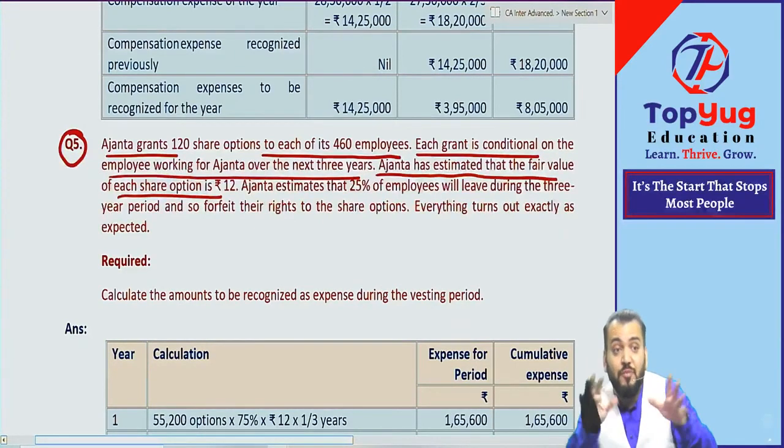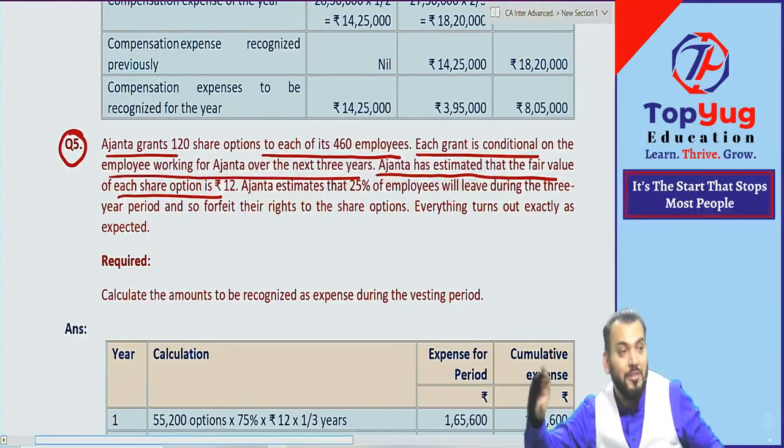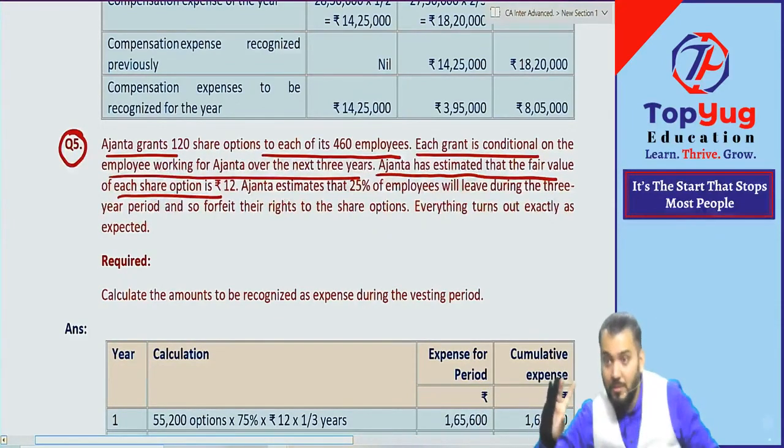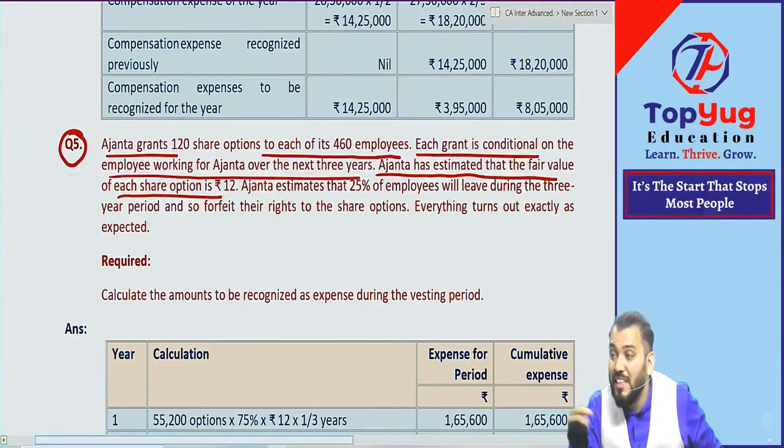Fair value of options and fair value of shares are two different values. So be careful. Sometimes in an exam question they may give fair value of shares also. But in this chapter, for calculating expense, what do we want, fair value of option or fair value of shares? If suppose it is fair value of shares, then be careful.